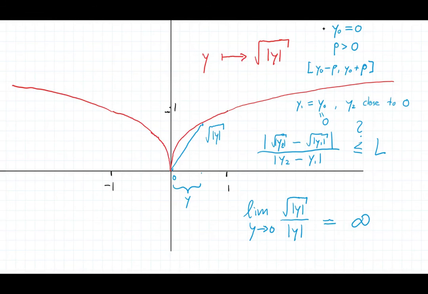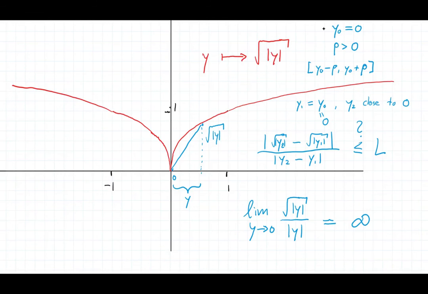And as y2 gets closer and closer to 0, this quotient actually explodes. And you can see that here: if y1 is equal to 0 and y2 gets closer and closer to 0, then this slope gets closer and closer to infinity.